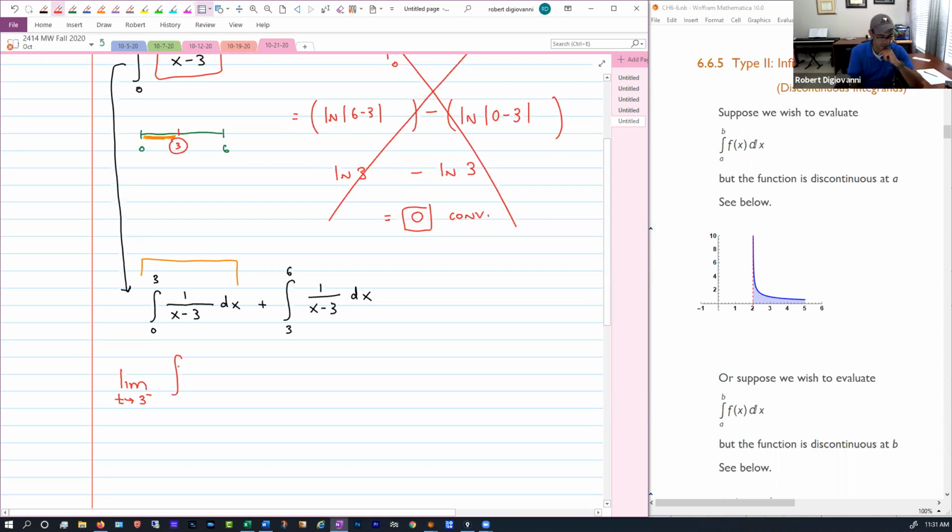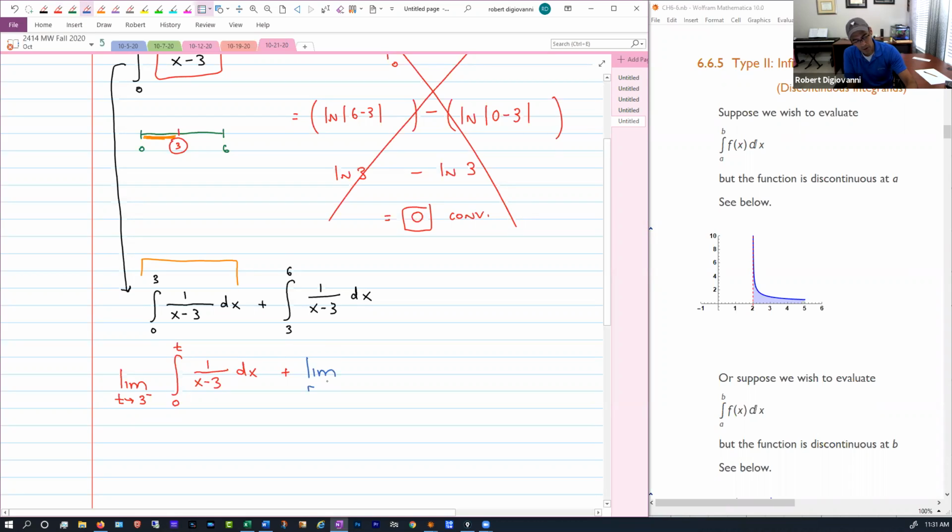Which am I replacing, the 0 or the 3? The 3, because that's where the problem is. So 0 to t of 1 over x minus 3 dx plus, now we need a new limit. This is a different limit for a different integral.